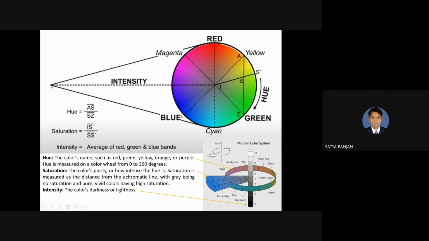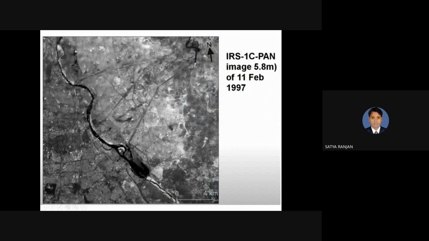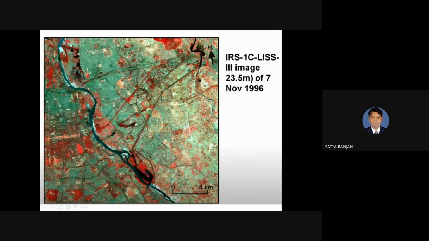This is the color combination of this area. Then this is the panchromatic image. Then it is the LISS-3 satellite image where different features are there.